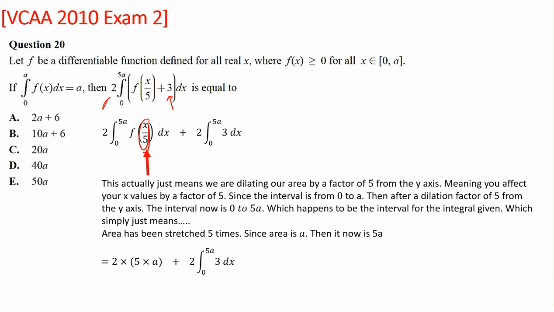Yes, Corinne? Is there no way? No, well, not for this particular question, because this question is assessing your transformations. So understanding the properties of what a definite integral is, and then how the transformations affect that.